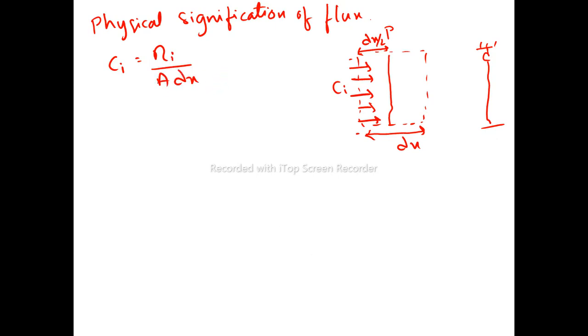We know that concentration is the number of atoms per unit volume. A is the area of cross section and dx is the length.